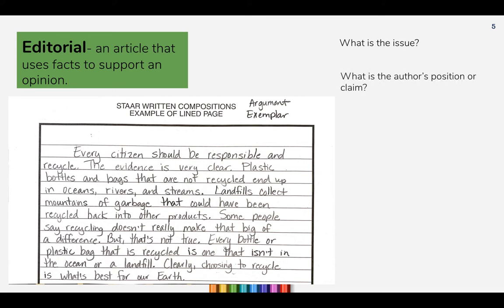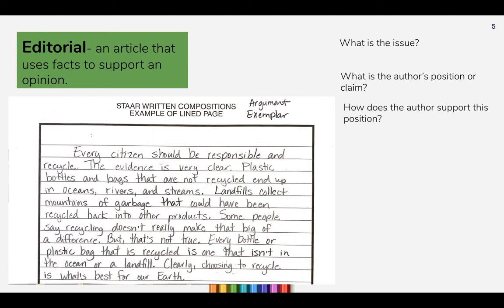What is the author's position or claim? Well, we can tell by reading the text that the author is for recycling and wants people to recycle. The author even states that every citizen should be responsible and recycle. How does the author support this position?